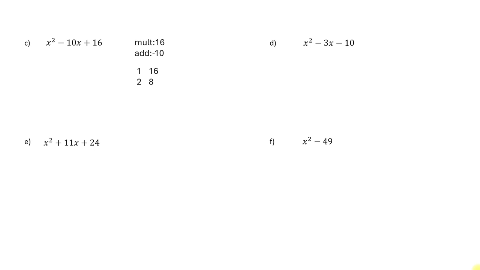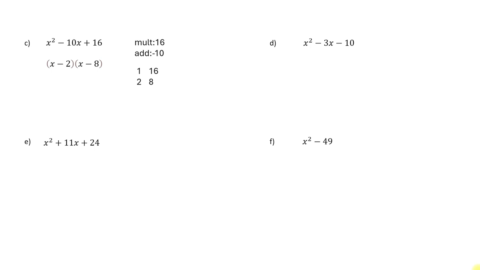However, -2 and -8 do multiply together to be 16 and do add together to be -10. So the values that we would be looking for would be x minus 2, x minus 8.